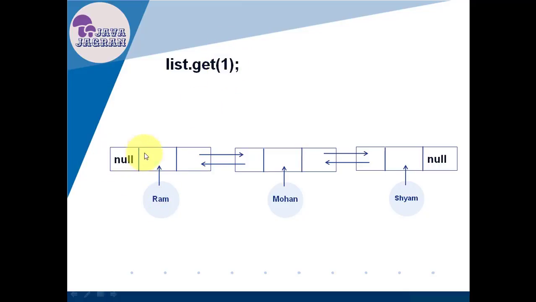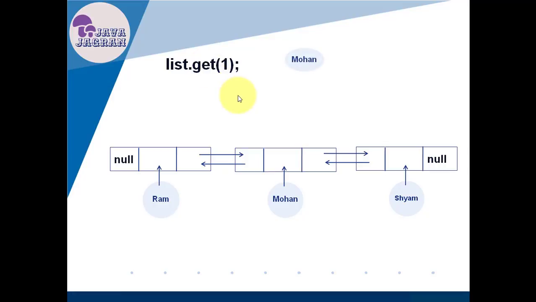Here the node is 0, so here the counter will be 0. It will go to the next object, and here the counter will become 1. So if the index value we are looking for and the counter become the same, from there it will take the item value, and whatever the item object is there will be returned. So this is how it will return the node.